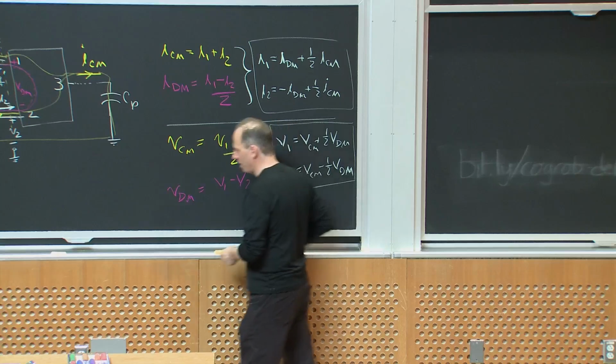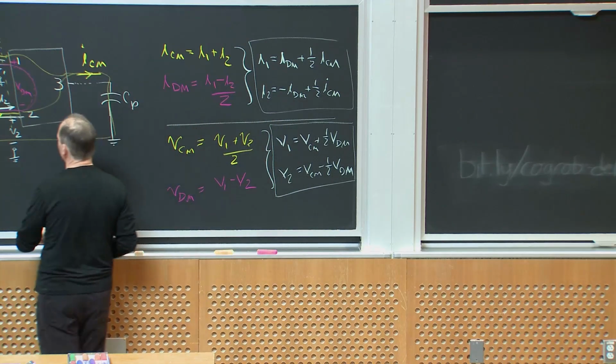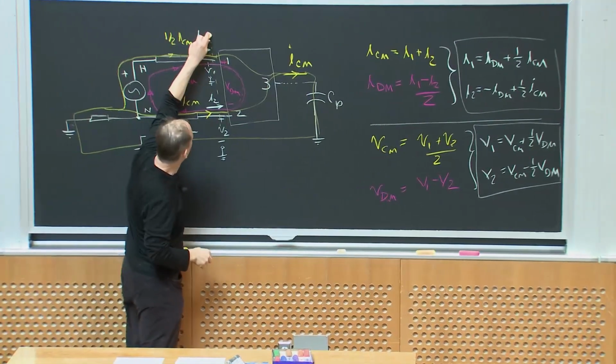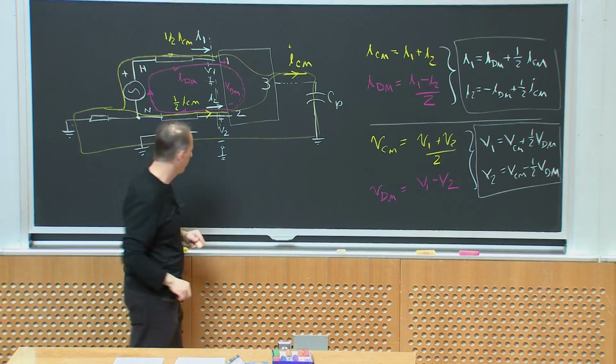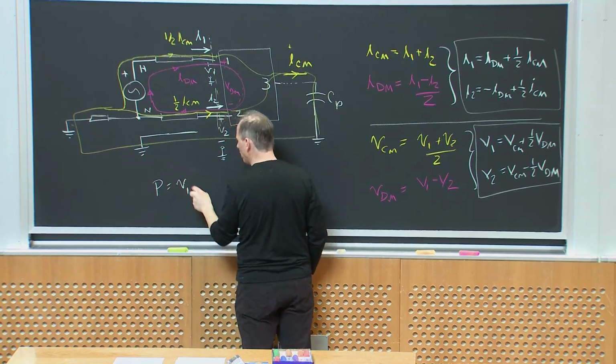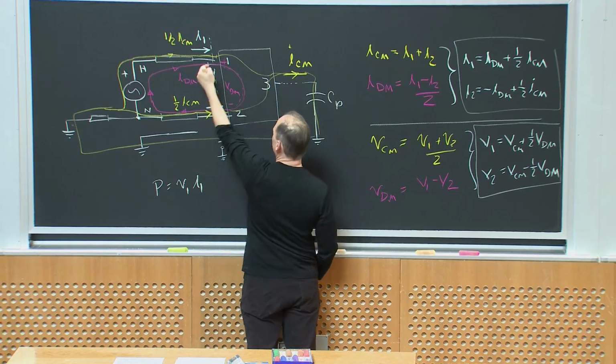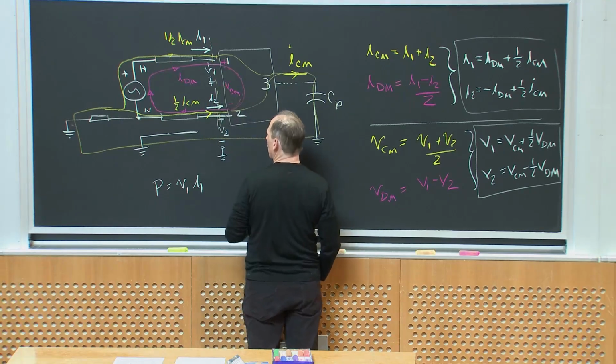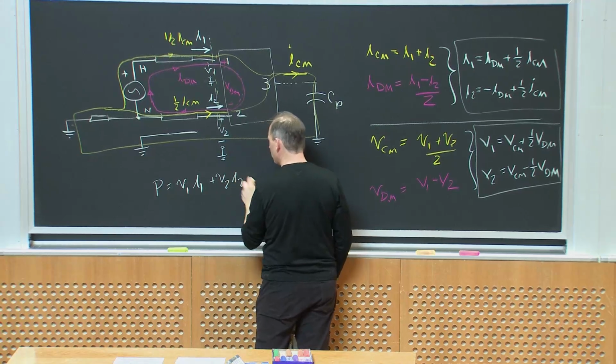One of the reasons why you define it this way is because if I said, what's the total power flowing here, right? I could write P as being equal to V1 times I1. That's sort of the power into this port, with respect to ground, plus V2 I2.